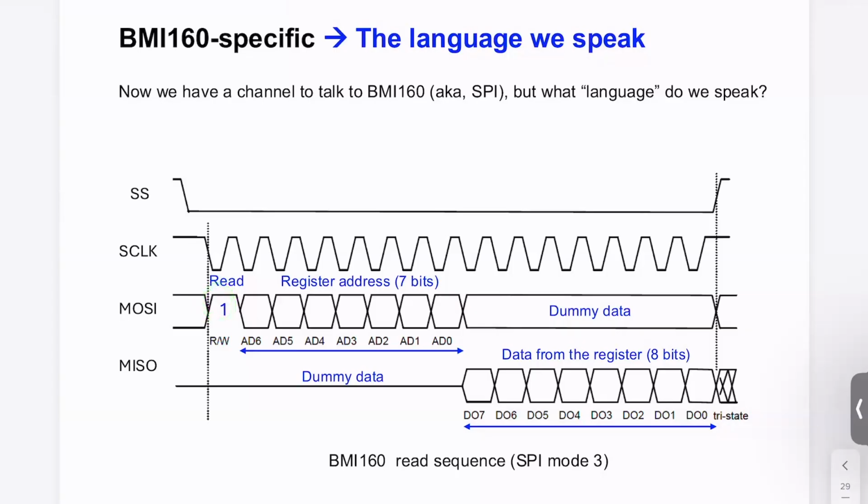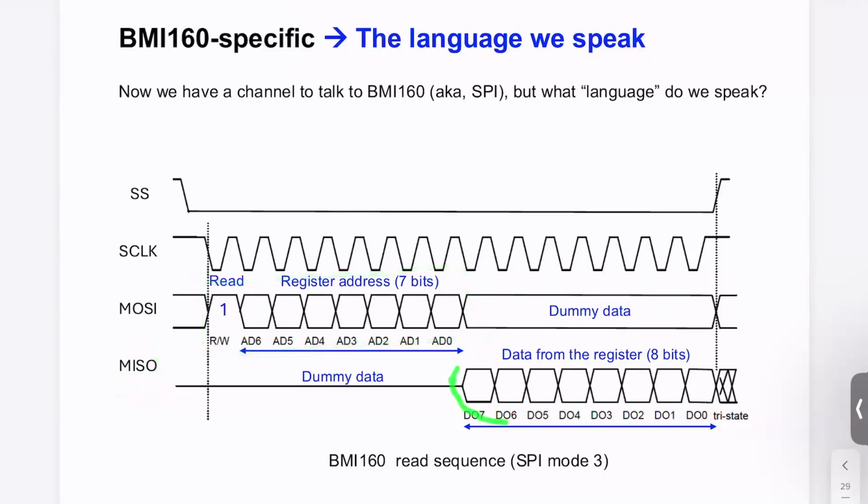Then following this read bit, you provide which register in the sensor you want to read. It can be a data register. It can be a status register. Specify which register you want to talk to. Once the master is done transmitting the first byte, then the slave, the sensor, will respond.